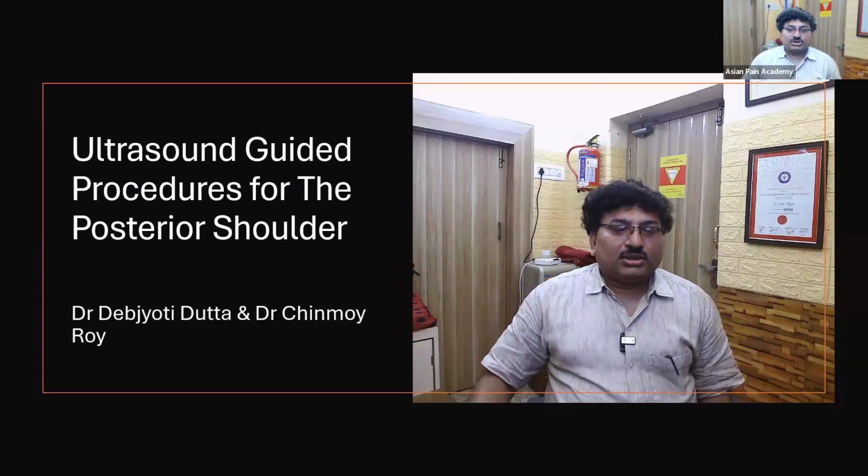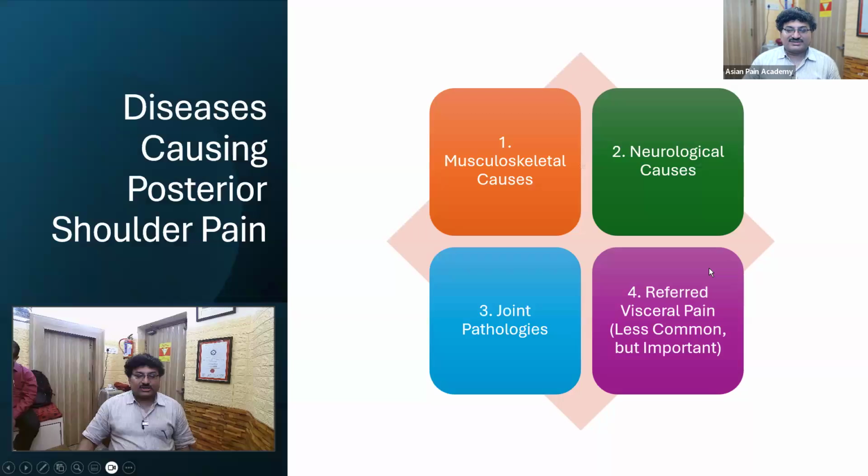Okay. So ultrasound of the posterior shoulder. So what are the causes? Same here. Some causes will be musculoskeletal, some causes will be neurological, some coming with the joint pathologies, and referred pain from other areas like visceral pain. Similar to the anterior, we have divided into 4 types of causes.